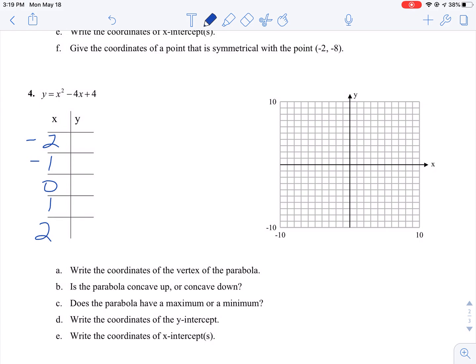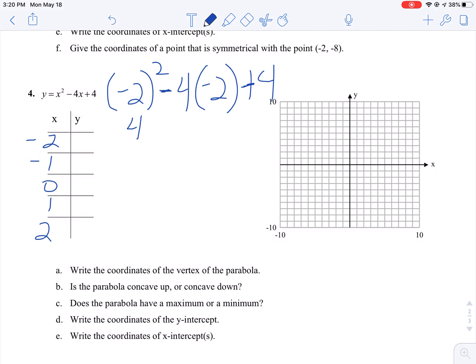And if I do put negative 2 in, I get negative 2 squared minus 4 times negative 2 plus 4. And if you do that on your calculator or in your head, negative 2 squared is 4. Minus 4 times minus 2 is going to be a plus 8. And then we have plus 4. So we have 16 there.